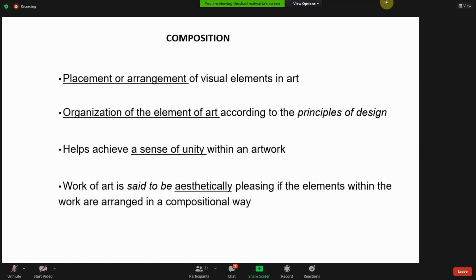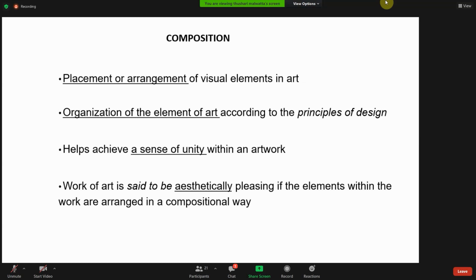Just like that, we can visually compose something, what we see. So composing, arranging, or organizing these elements of art, like those instruments in music, what we have is elements of art like lines, shapes, colors, forms, as we discussed in the previous session, and textures.